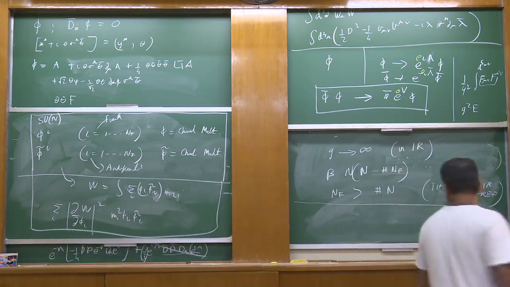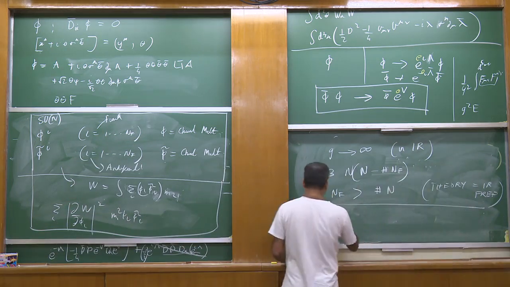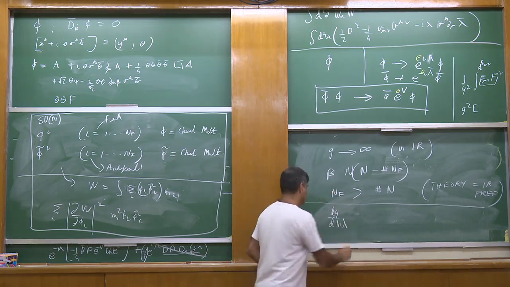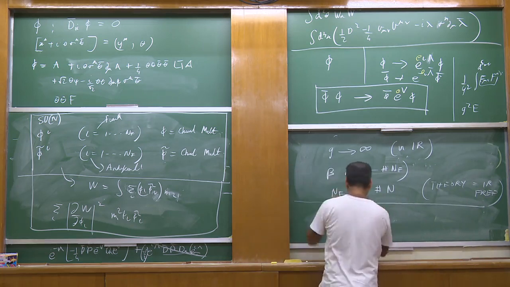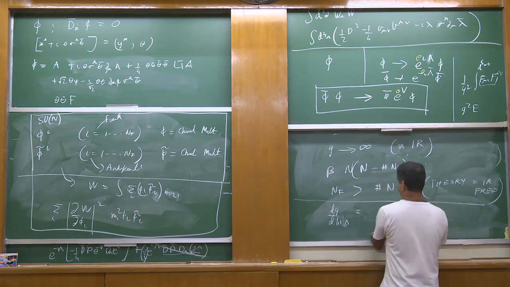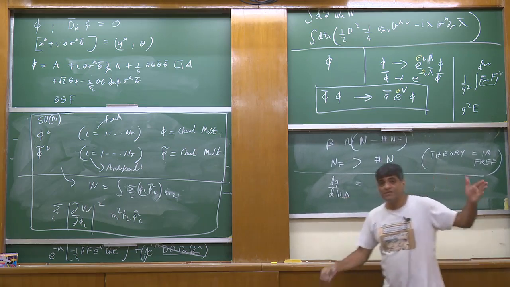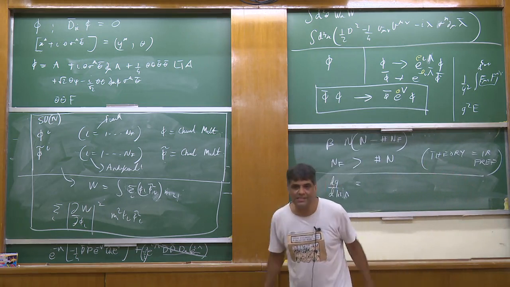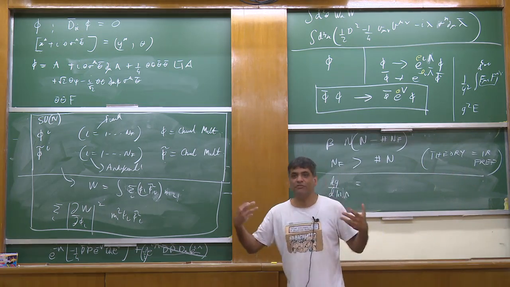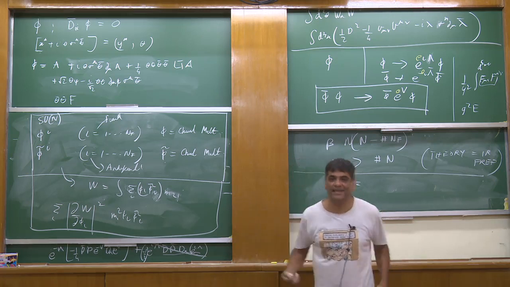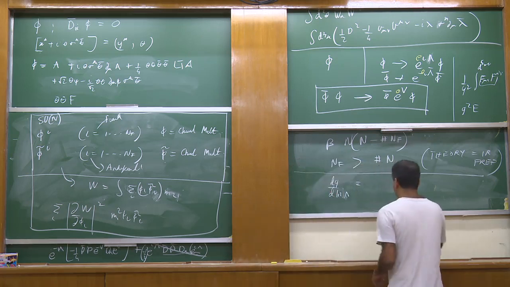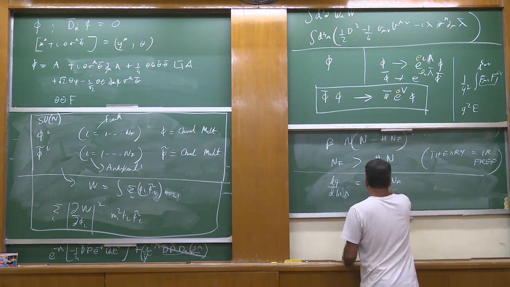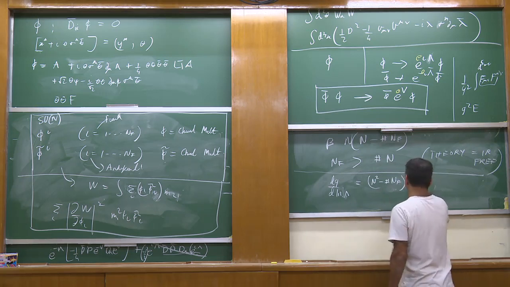Okay? So the beta function is schematically like this: dg by d log lambda is equal to, now let's say that by change in scale we mean going towards the IR, which is the opposite of the usual convention in high energy physics, but it's a nicer convention because this is often the question we're asking: what happens in the IR? So what we got here is, let's say, n squared minus number times nf, so it's becoming positive, times g squared.